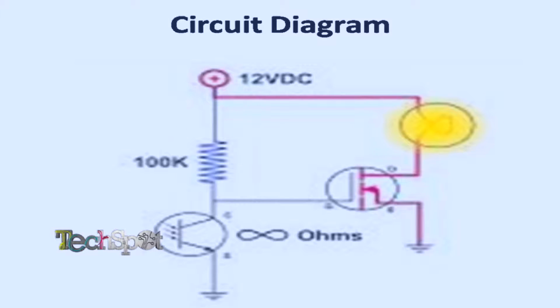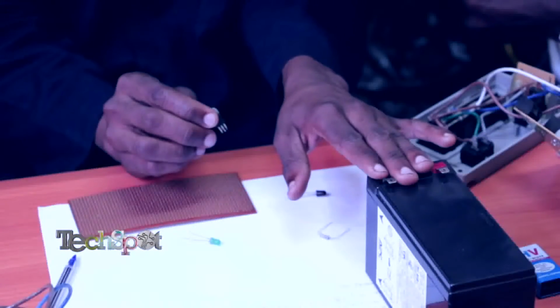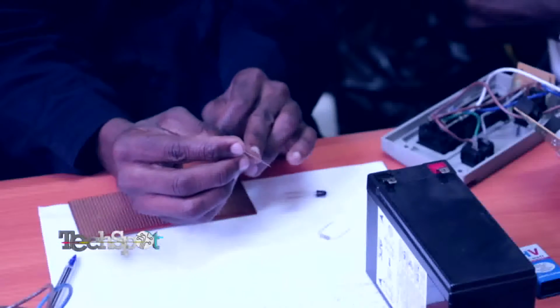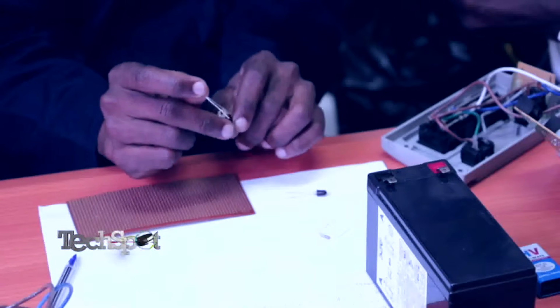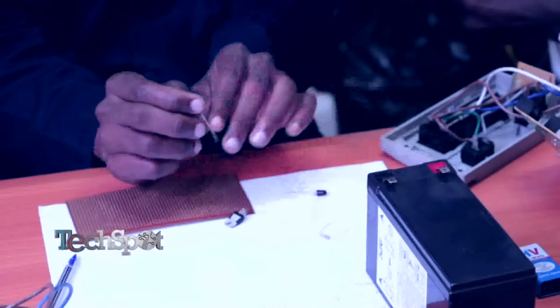Then the source is going to be connected to the neutral. Then the neutral part of this will also be connected to the battery. Then we have the positive part of the LED connecting to the drain of this MOSFET. Then the neutral also goes to this.